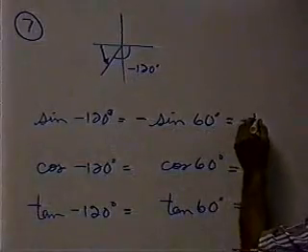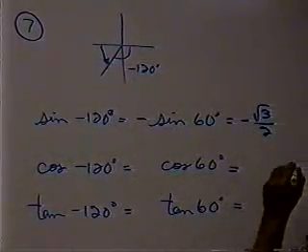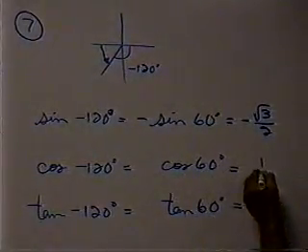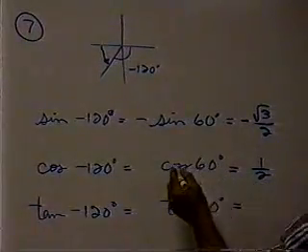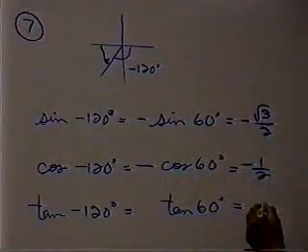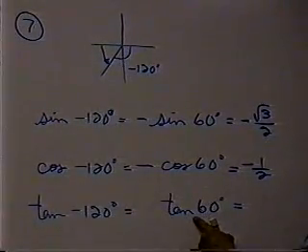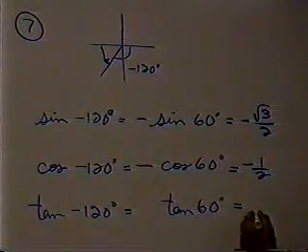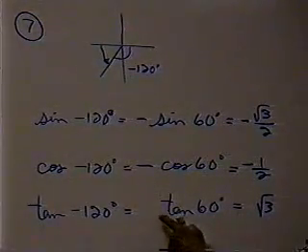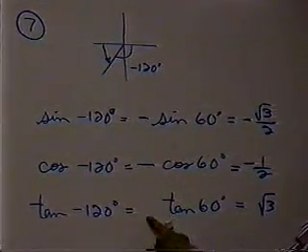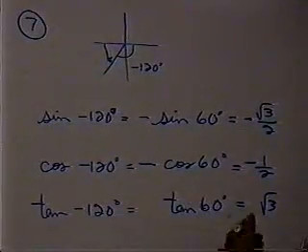So that's going to be a minus square root of 3 over 2. Cosine of 60 is a plus 1/2. It's in quadrant 3, so it's negative. Tangent of minus 120 degrees is tangent 60. Tangent of 60 is a square root of 3. Quadrant 3, y is negative, and x is also negative, so it makes it a positive.